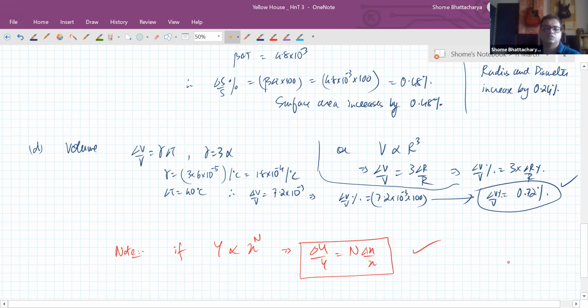This is the relation, keep in mind. In fact, this is why beta is equal to twice alpha and gamma is equal to 3 times alpha. This is the precise reason why this happens.